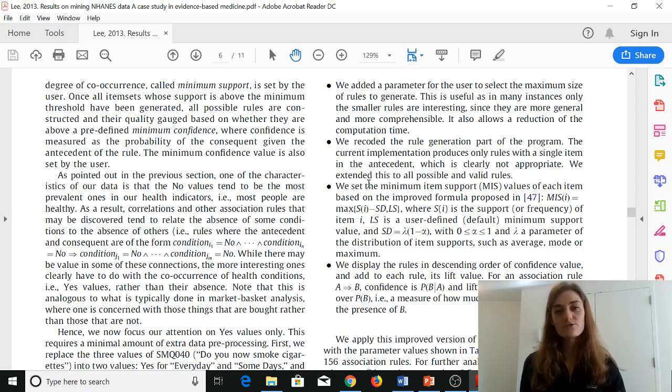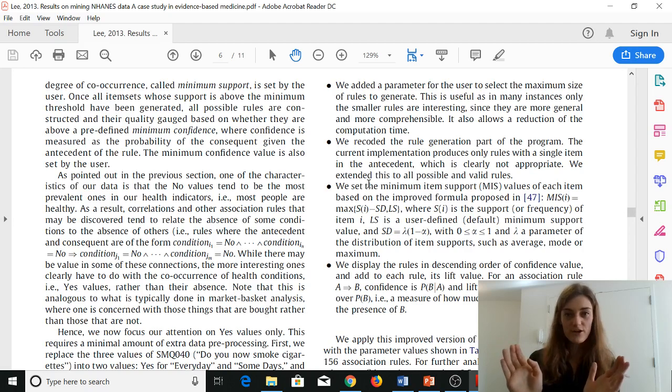So if you have 100 responses and an item set, a group of variables that occur together, that occurred 10 times across your 100 responses, then your support is 0.1. So support is the proportion of observations in which that item set occurred.